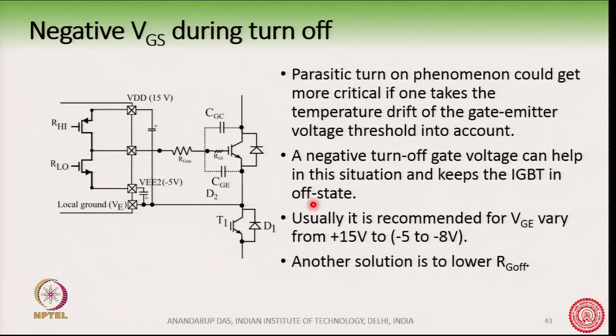if you try to go into minus 5 volt, then in spite of this happening, in spite of this current flowing here and there being a potential increase here, the gate emitter voltage will not cause a spurious turn on of the device due to some unforeseen circumstances, because the VGE voltage has been kept to minus 5 volt.